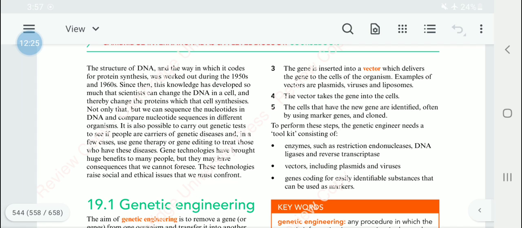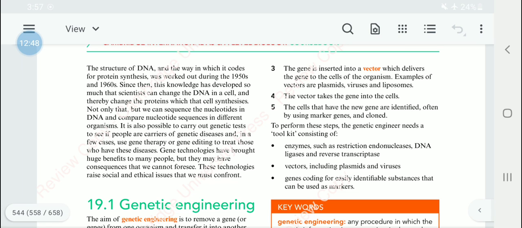We identify these new cells and then we clone them. So that is the process. You clone them and you can actually enhance the number of cells.